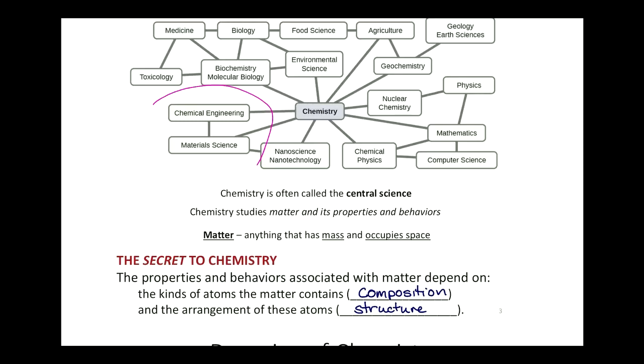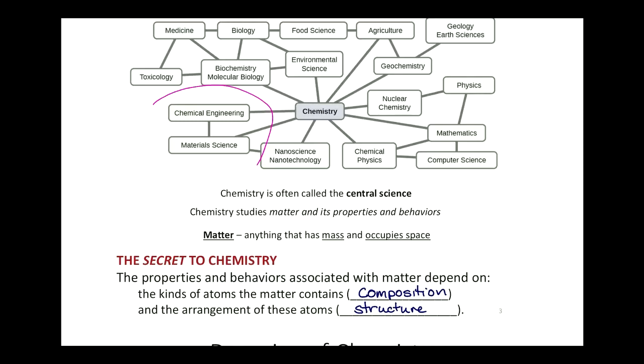Most engineers care about what properties we see. How can I use this thing to accomplish X, Y, Z? But what chemists care about is what that thing is made out of. What particles make up that thing that accomplishes X, Y, Z? That's the difference here.